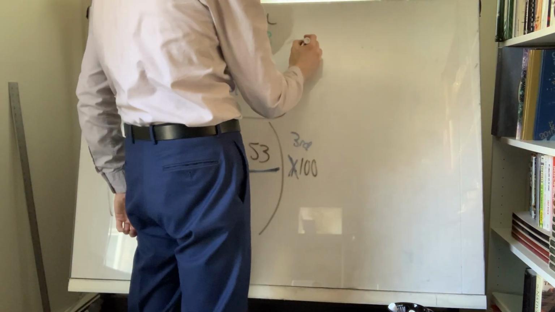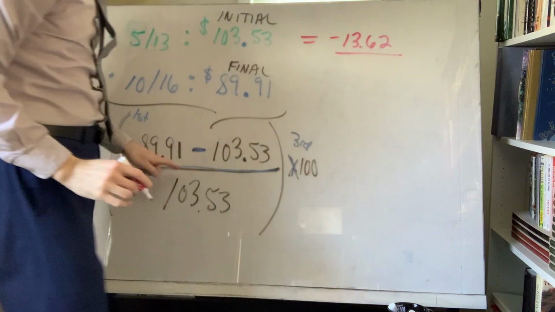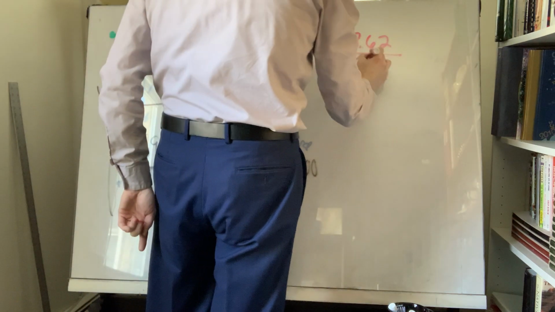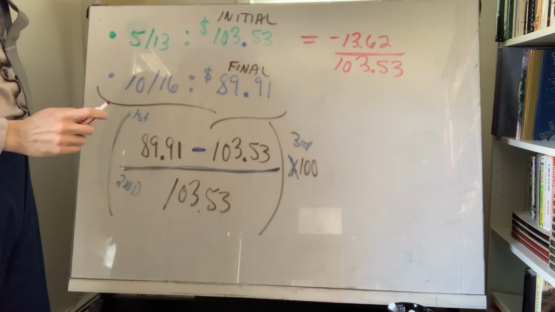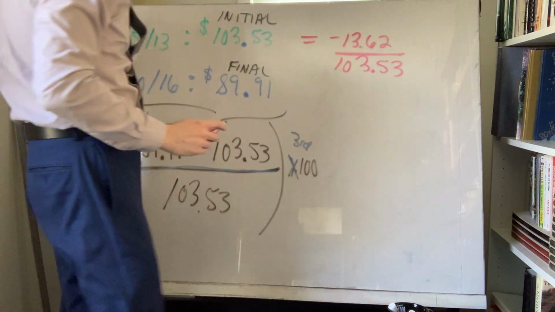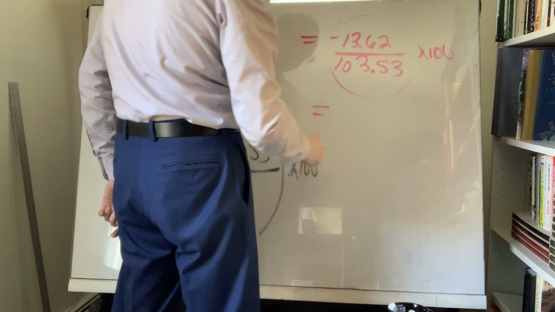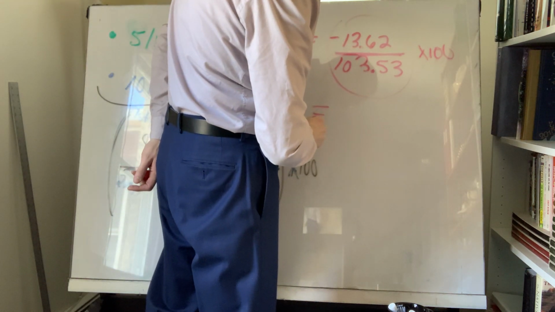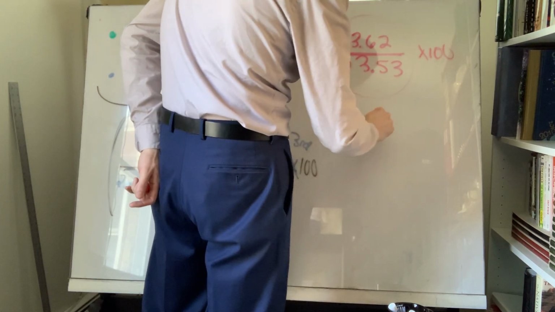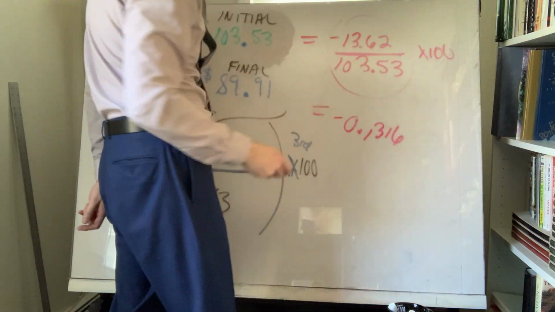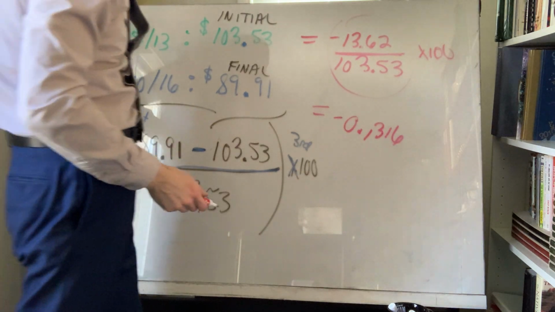The result: you should end up getting negative 13.62 over 103.53, having done the subtraction. When you do the division, you end up with negative 0.1316, somewhat rounded.